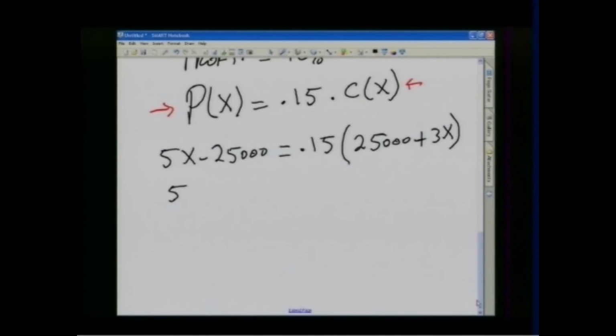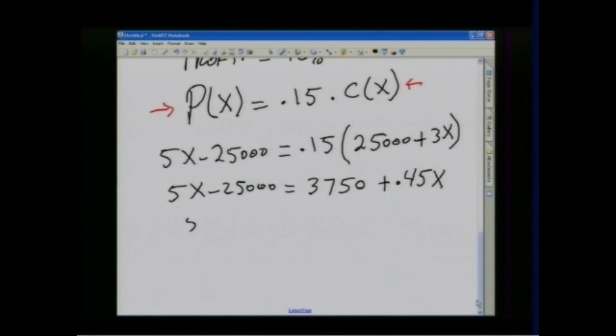You can solve: 5x minus 25,000 equal to 0.15 times 25,000, that is 3,750, plus 0.15 times 3x, which is 0.45x.